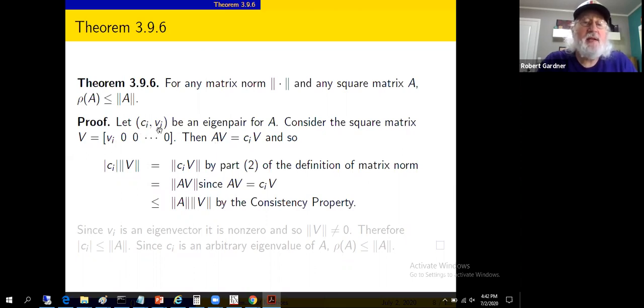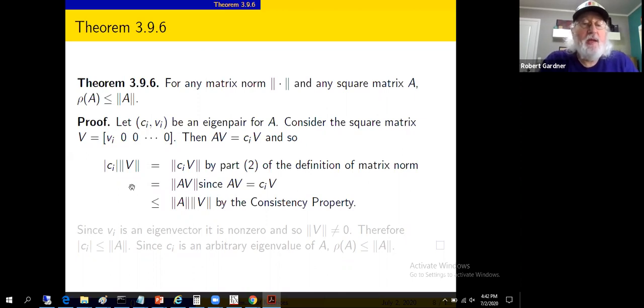Hey, that's A times v_i is c_i times v_i, because v_i is an eigenvector associated with eigenvalue c_i. So the first column is c_i times v_i, and all the other columns are zero. That's precisely eigenvalue c_i times matrix V. First column, were I to take the c_i inside the way we multiply, we'd get the c_i times that first column vector and zeros everywhere else. So that's exactly what AV is. So there's an argument that that equality holds.